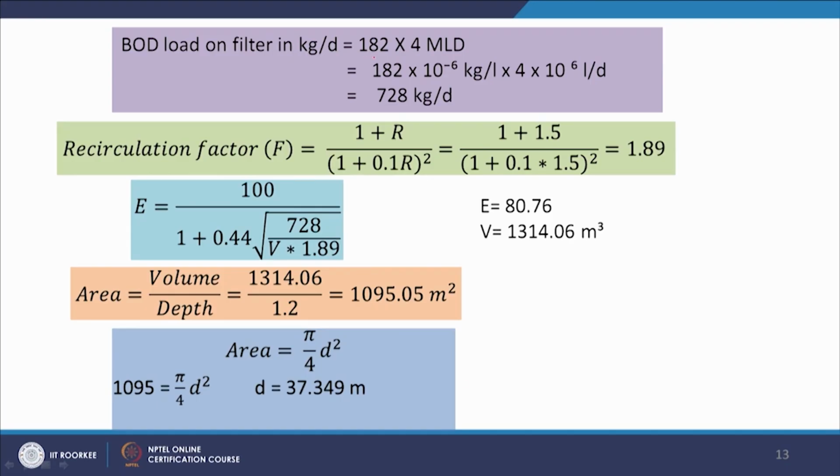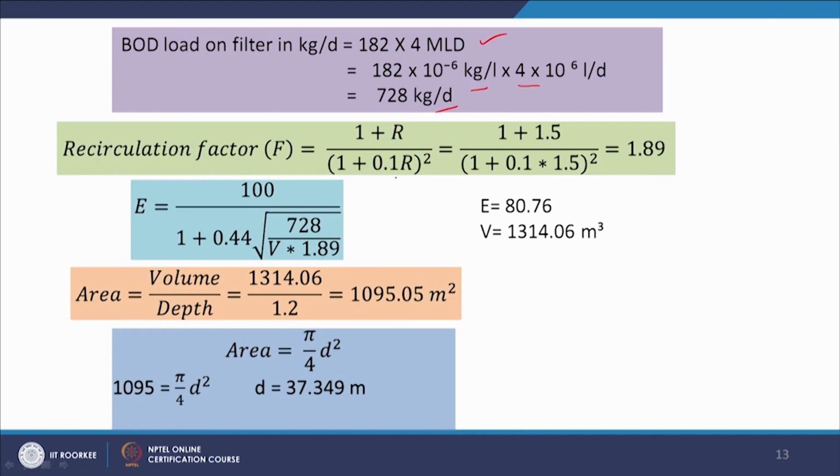So, 180 is the concentration, and 4 MLD is the volumetric flow rate. So, we get 180 into 10 to the minus 6 kg per liter into 4 into 10 to the power 6 liters per day.